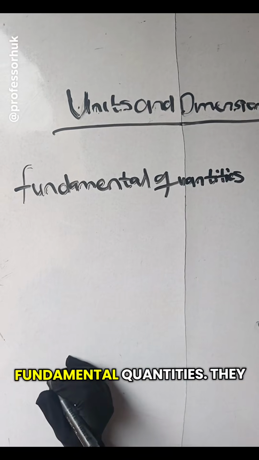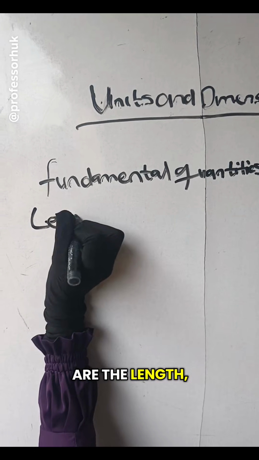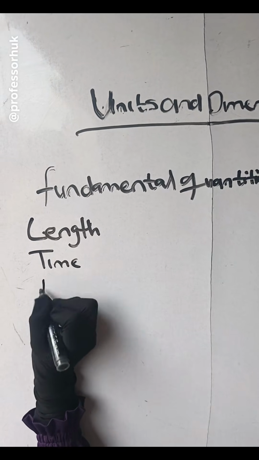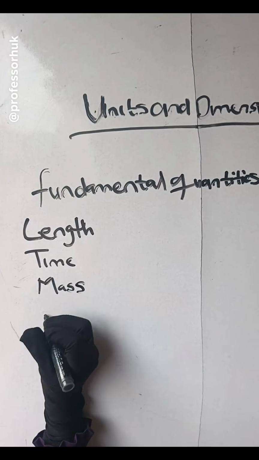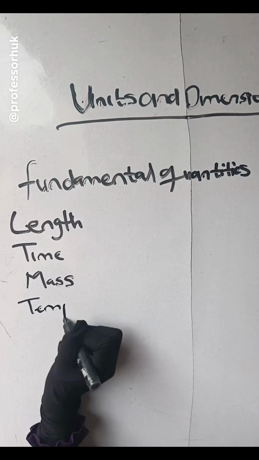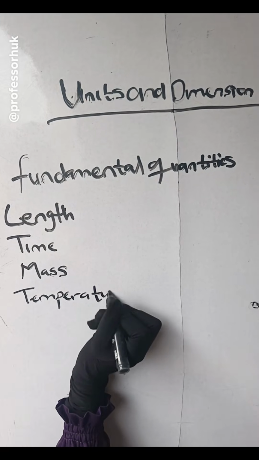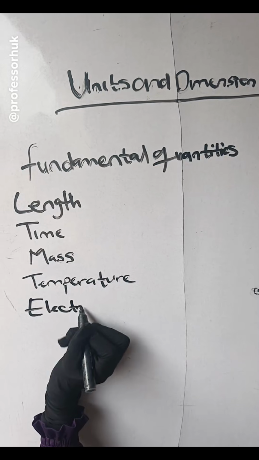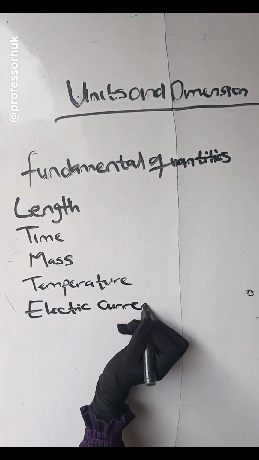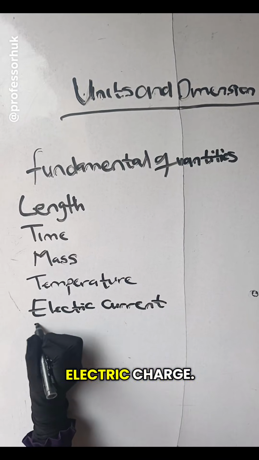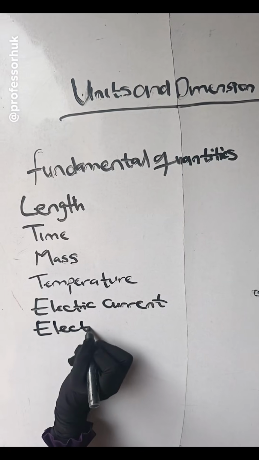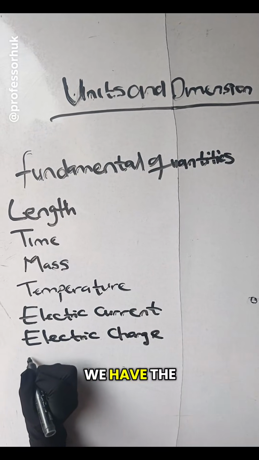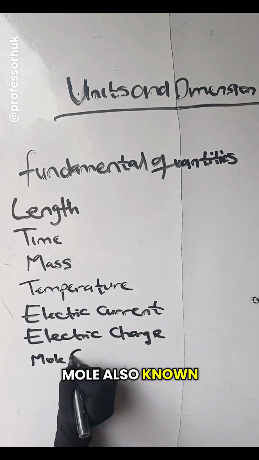We have 8 fundamental quantities. They are the length, we have time, then we have mass, we have temperature, we have electric current, we have electric charge, we have the mole, also known as amount of substance.